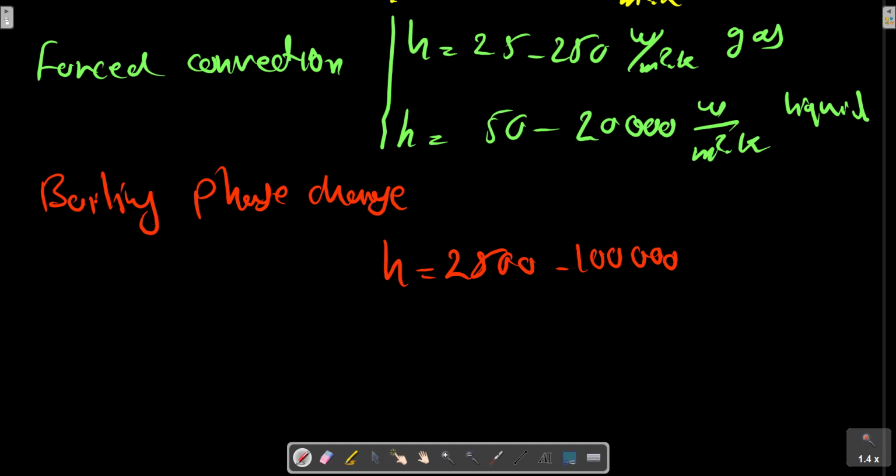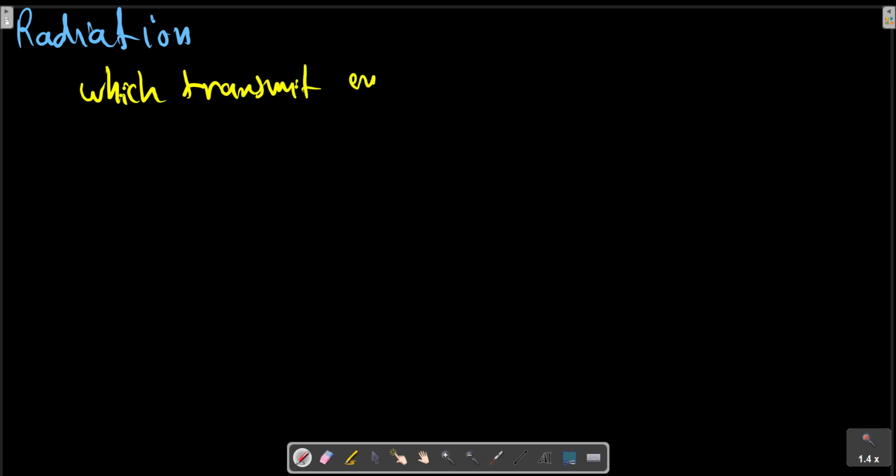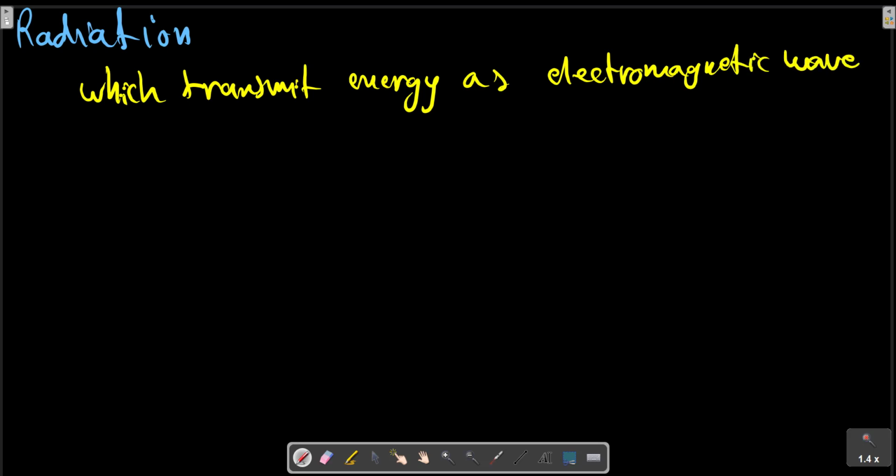The final mode of heat transfer is radiation, which transmits energy as electromagnetic waves in space.